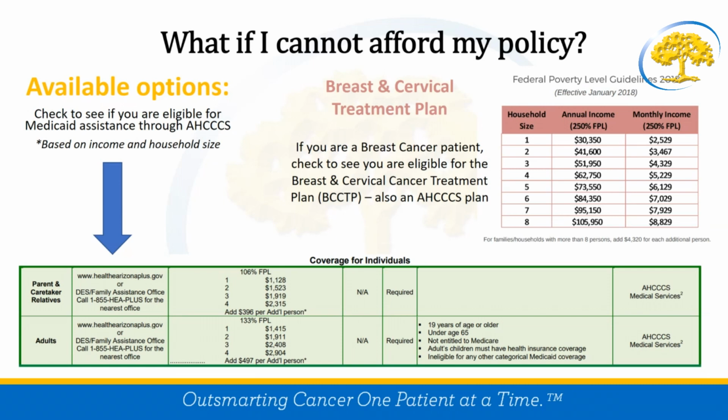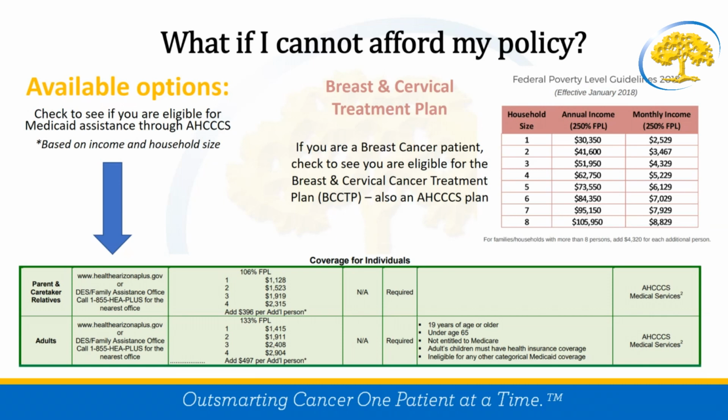To meet the access standards, you would look here below, and you can see that it says for adults, if you look in the second column, you need to see how many people are in the household, and right next to it is how much they would make monthly.